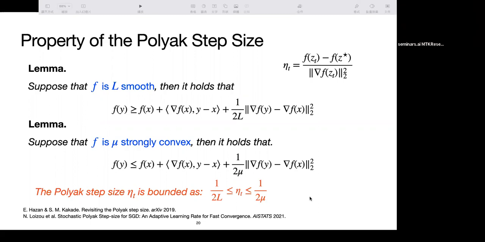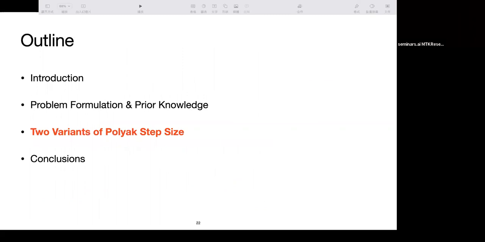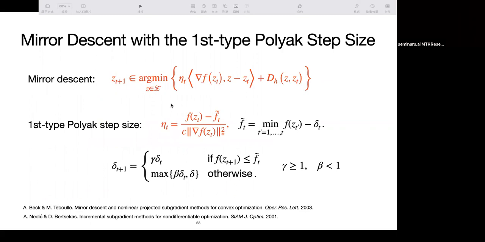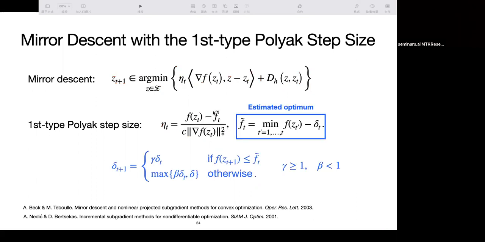So let me continue. But as I talked before, the original Polyak step size requires the minimum value, which is impractical for many applications. So we propose two variants of the Polyak step size for mirror descent. The first algorithm is stated as follows. We replace the two norm in the standard Polyak step size with the general norm here. And the minimum value is replaced by the estimated optimum.